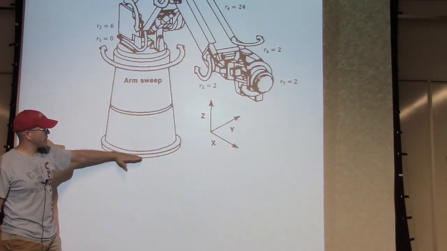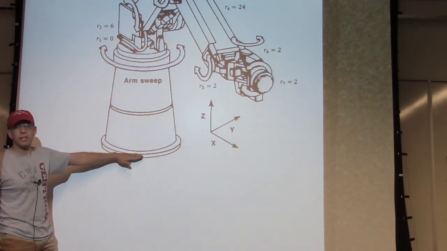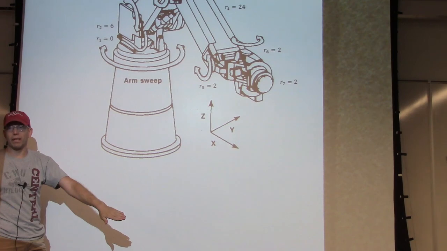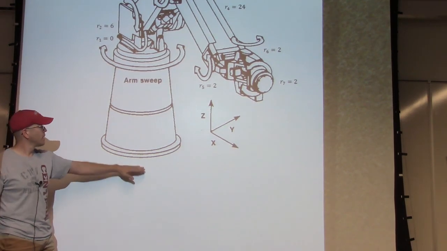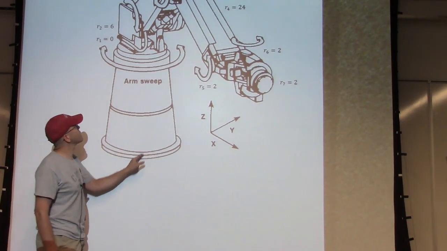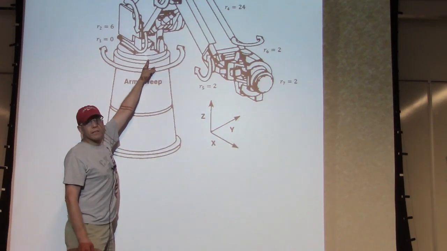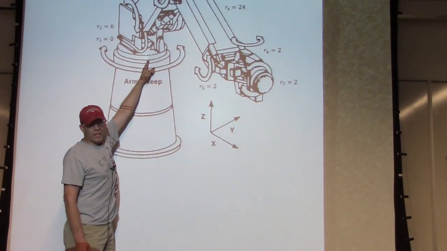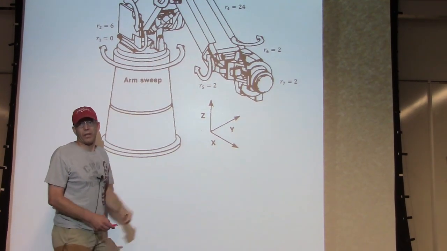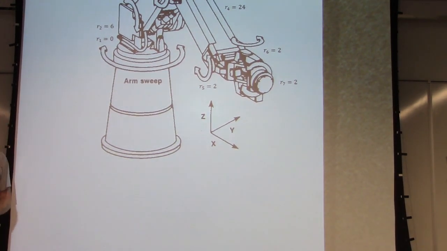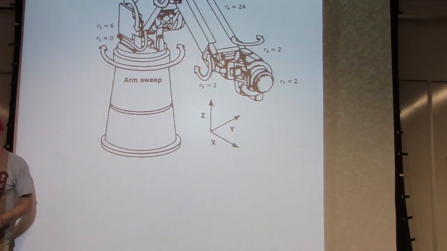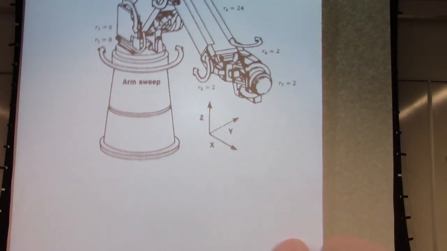If it reaches down to this plane, then we might want to have this be the XY plane that we're working on. However, generally what you see is you assign the origin of the XYZ space in the center of your base joint. And I suppose I'll shift that down just a bit.